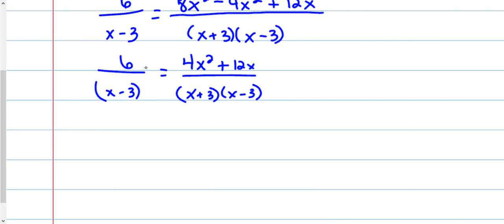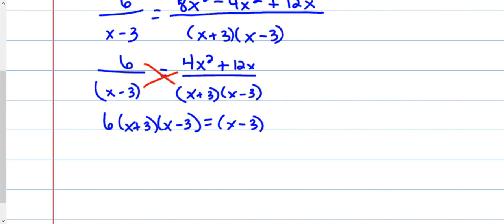So when I cross multiply here, I get 6 times x plus 3 times x minus 3 equals, when I cross multiply on the other side, I'm going to get x minus 3 times, now I have 4x squared plus 12x, but that factors. So let's go ahead and factor that out.